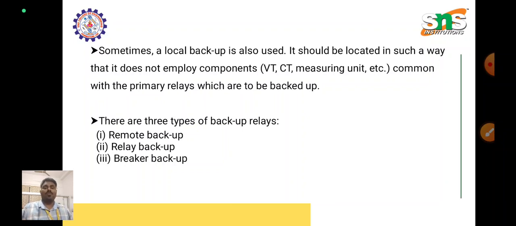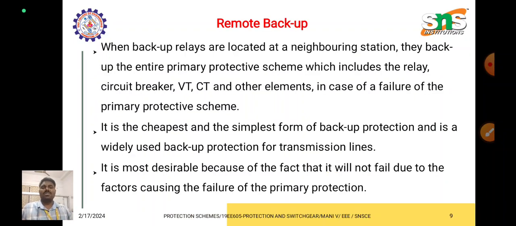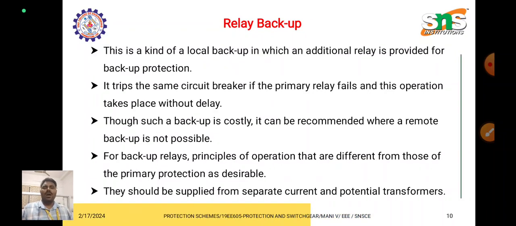It may be a remote backup, a relay backup, or a breaker backup. A remote backup is located in the nearby neighboring station. If the primary relay fails, the neighboring station's remote backup will immediately collect all the information and trip the whole system with the help of circuit breaker and relay backup.